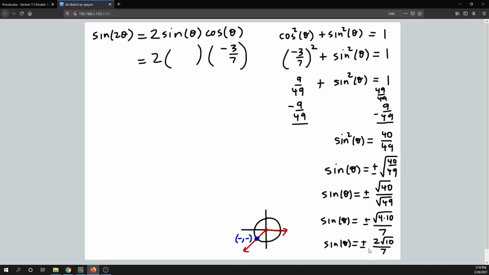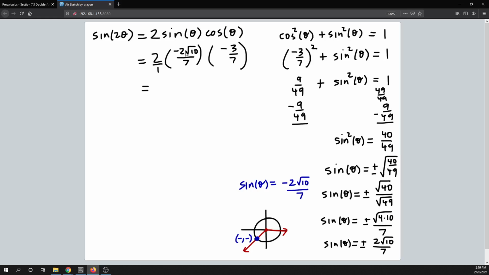So we have that the sine of theta is negative 2 square roots of 10 over 7. Okay? And so now that goes in for sine theta in here. So negative 2 square roots of 10 over 7.